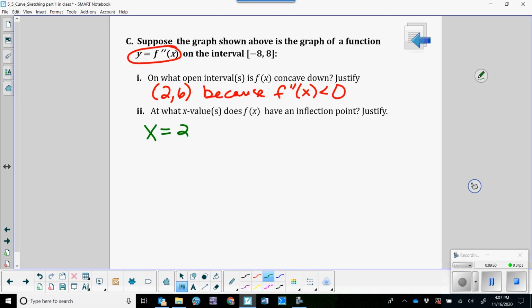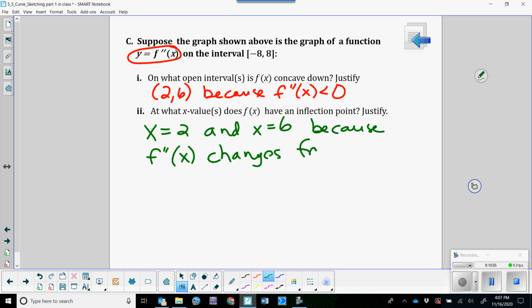We're going to have x equals 2 and x equals 6 because f double prime of x changes from positive to negative or negative to positive. So that's how I know I have a point of inflection, if f double prime changes signs, which it does.